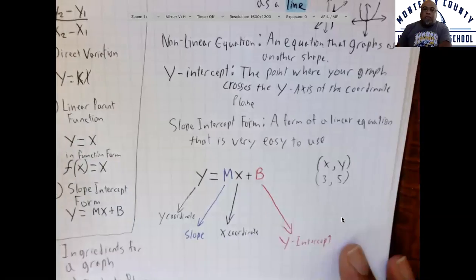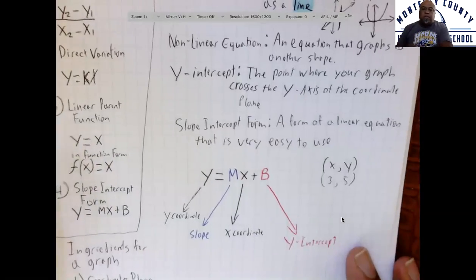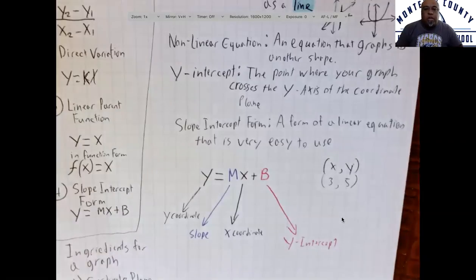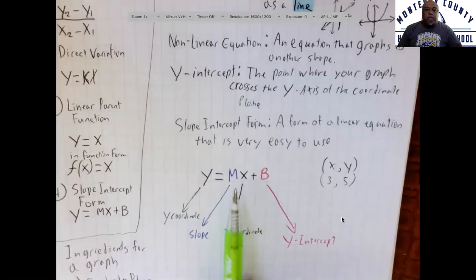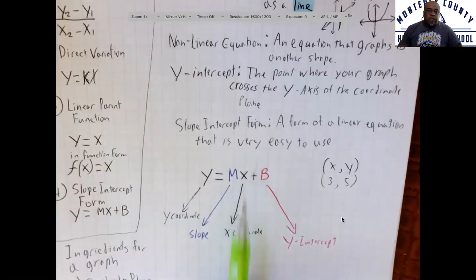But I don't want to confuse you and talk about what you call it in different forms. In the slope-intercept form, it is called m, and m is the number that is the coefficient of x, or the number that is multiplied to x, like 2x, 3x, 4x, 5x. If there's nothing written in front of it, then m would be 1. So your slope would be 1, because it would be 1 times x.